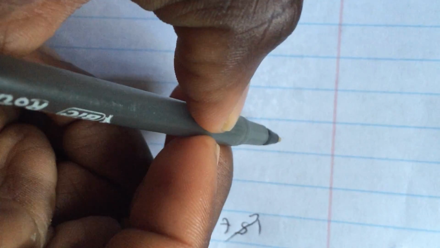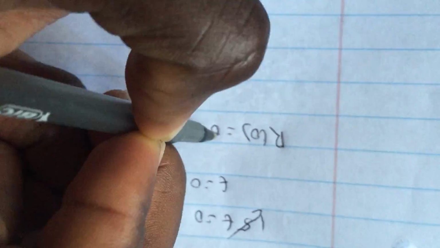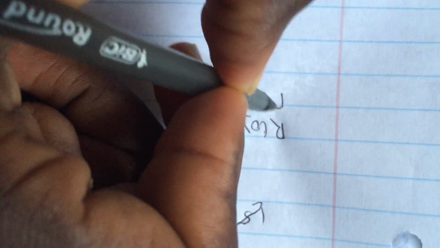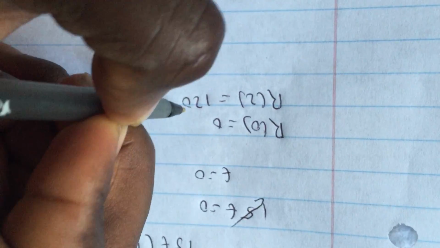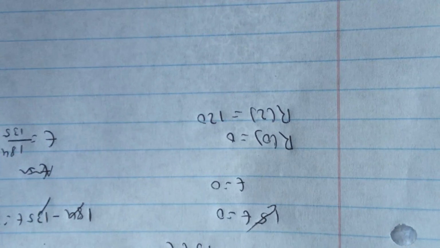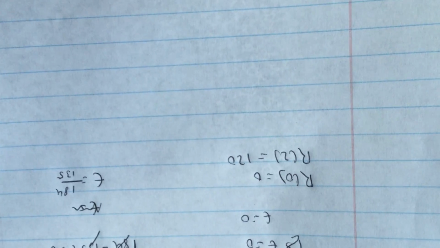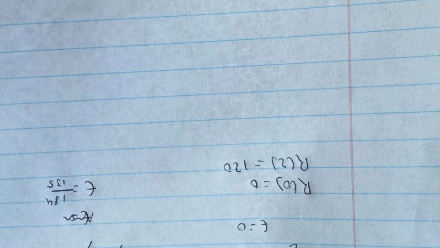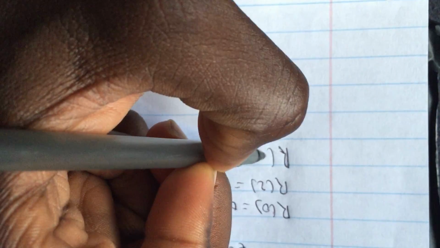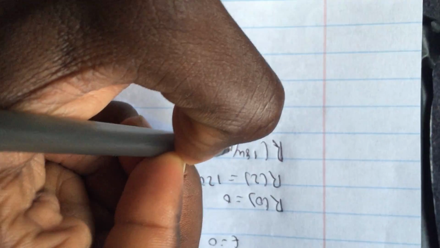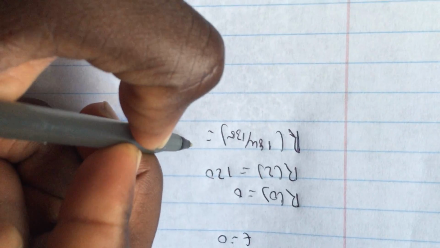Now I have to look at the endpoints when you have your critical numbers. So we have r of 0, which equals 0, and r of 2, which equals 120. And you have r of 184 over 135, which equals 854.53.